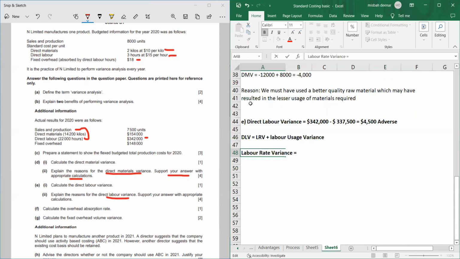Labor rate variance. The total cost was $342,000 and we had our labor at $15 per hour. And how many hours were used in actual? 22,000 hours.